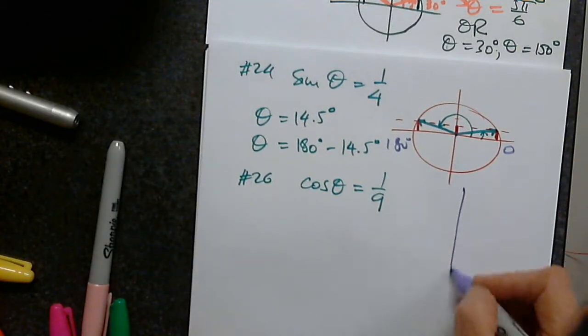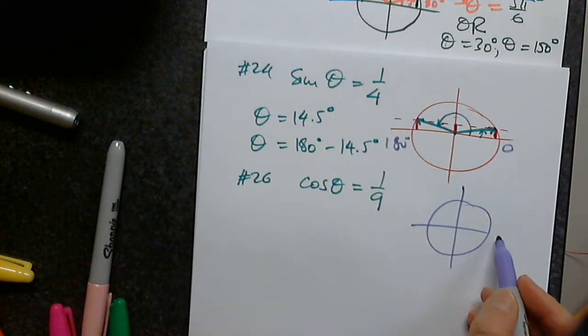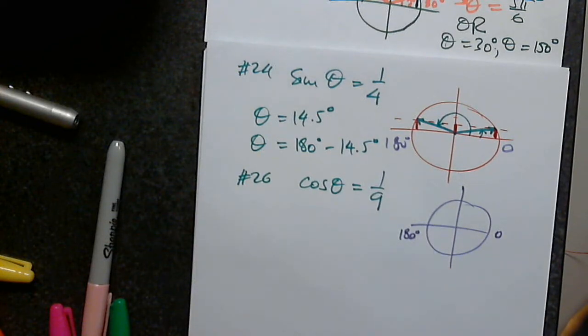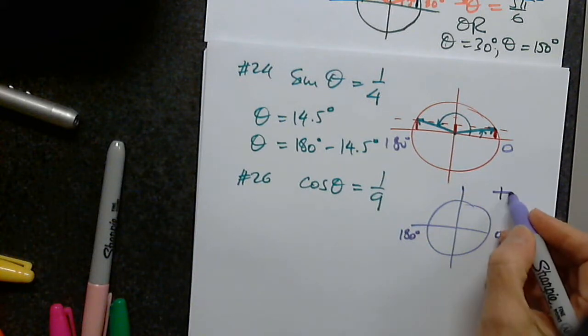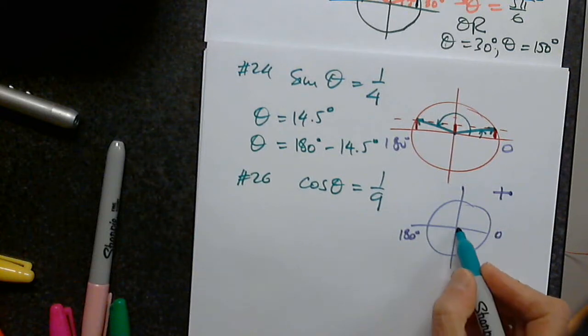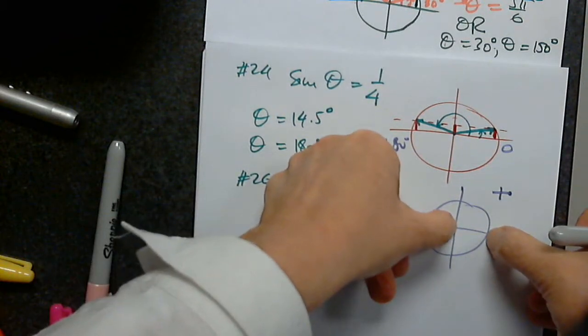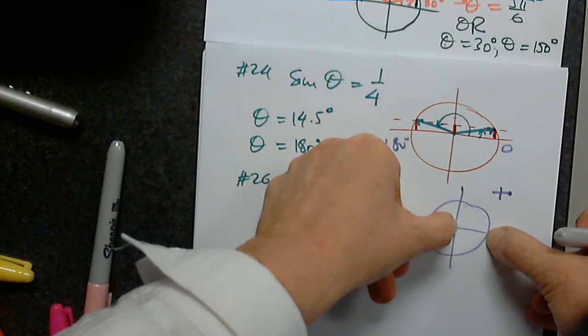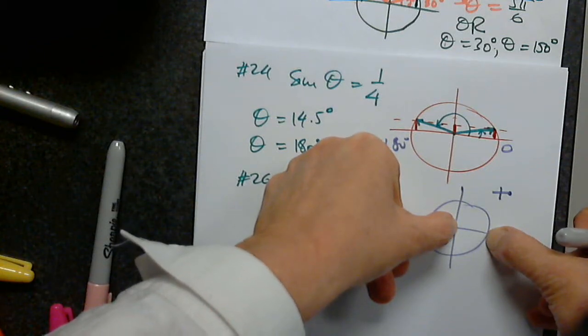Now for cosine, between 0 and 180, there is only one angle whose cosine is positive, right? Only here, right? So 1/9 is tiny, right? It's point blah, blah, blah. So what is this for cosine? 1.